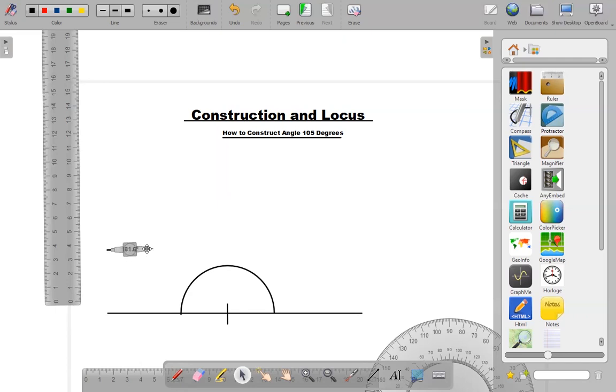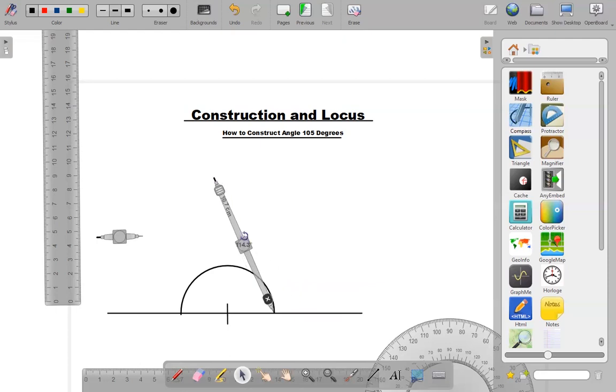So let me keep this radius. I don't want to adjust this compass because I still want to make use of that very radius. So let me get another one. I'm calling it protractor instead of compass. So I will place the stick point of this compass at this reference point now. Then make an arc up here.